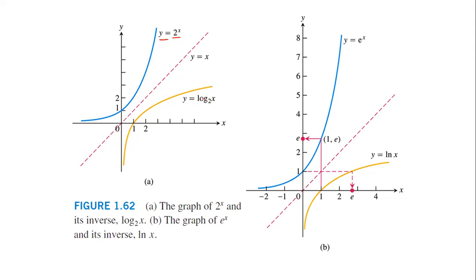Let's take an example. Let us say, for example, 2 to the power y1 equal to 2 to the power 3, and y2 equal to log to the base 2 of 8.